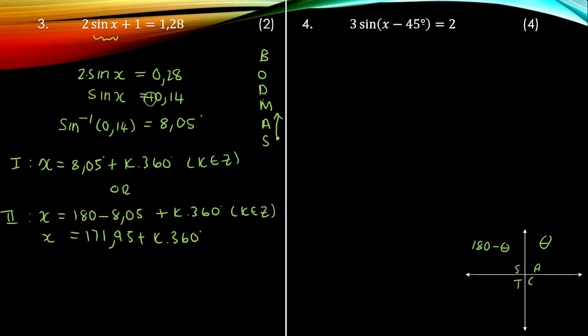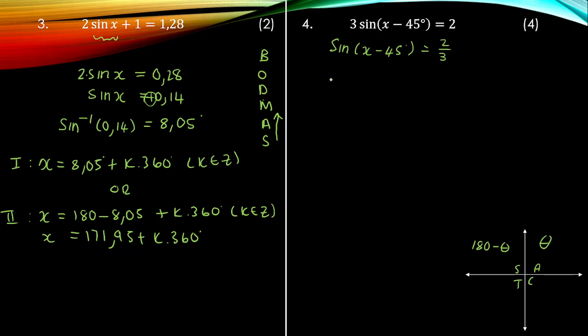Look at BODMAS: no subtraction, no addition, no multiplication. There's the division. So I'm going to have sine of x minus 45 is equal to 2 divided by 3. Now 2 divided by 3 is less than 1, so it's perfect. Now, when I do my reference angle, I need to understand that this x minus 45 is only going to play a role in my solutions.